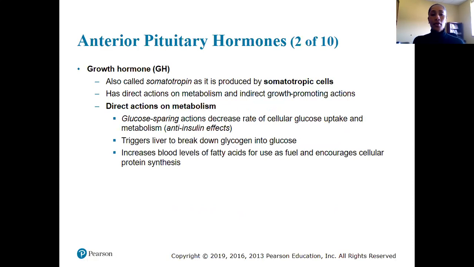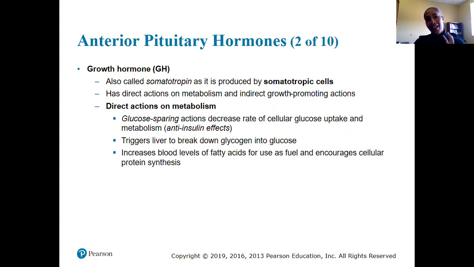So let's start off with the growth hormone. Growth hormone, when it is released into our bloodstream, has a direct action on metabolism and an indirect growth promoting action. So for instance, when growth hormone acts directly on metabolism, it has glucose sparing actions that will decrease the rate of cell glucose uptake and metabolism.